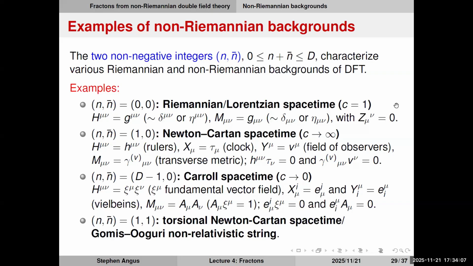And there's also Carroll spacetime, which is the more exotic seeming case where the speed of light goes to 0. And there are further examples like 1,1, which corresponds to things like the non-relativistic string by Gomis-Ooguri, and torsional Newton-Cartan spacetime as well.